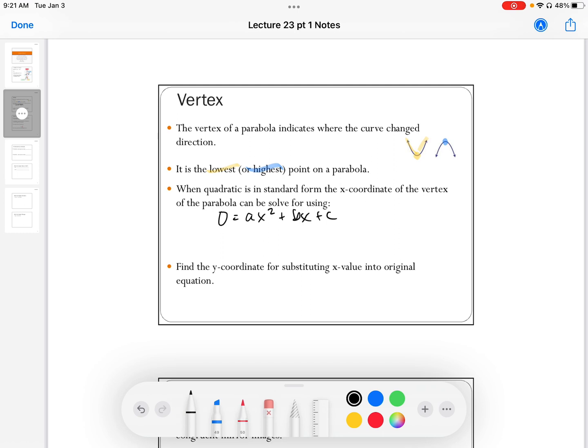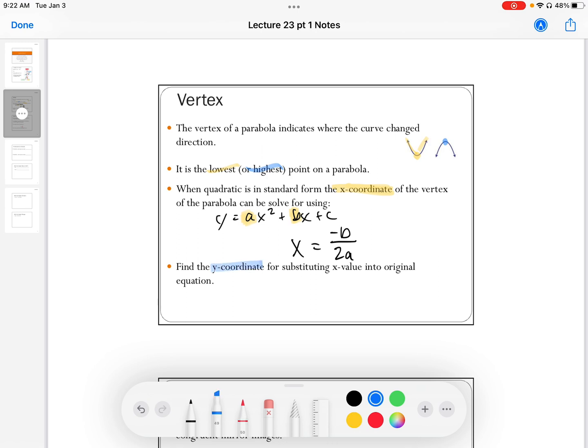When it is in that standard form, and this is important, you can find the x-coordinate of the vertex by using x equals negative b over 2a. So you would look at your b and your a, and you plug those in, and that gives you the x coordinate.